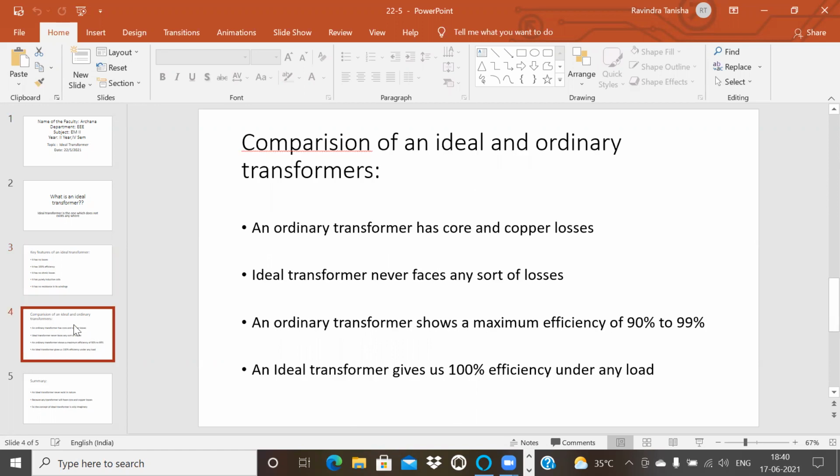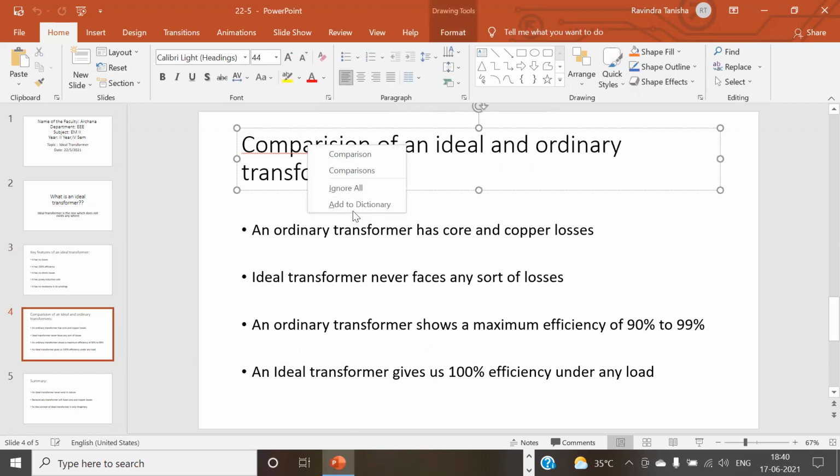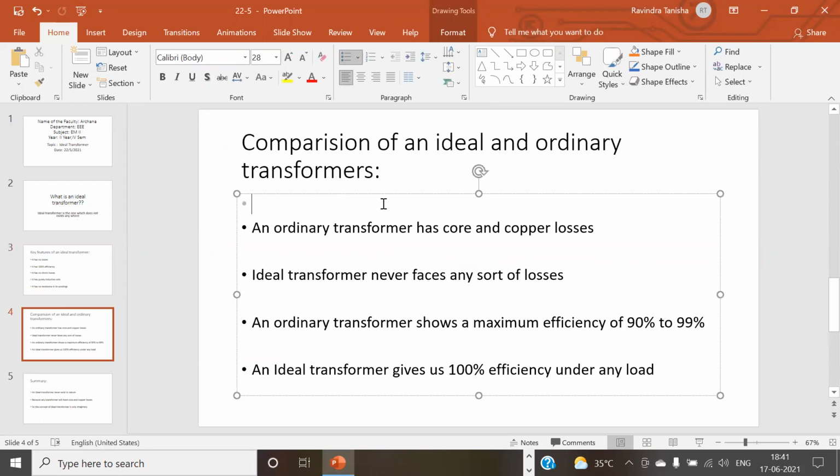So how can you compare this ideal transformer with an ordinary transformer? An ideal transformer is always compared with an ordinary transformer, where the ordinary transformer has some losses, because you cannot expect an ordinary transformer to be a loss-free system. There are some losses in an ordinary transformer.